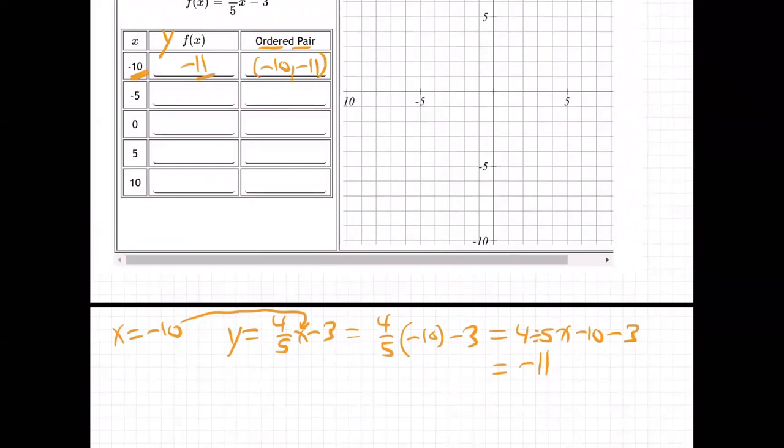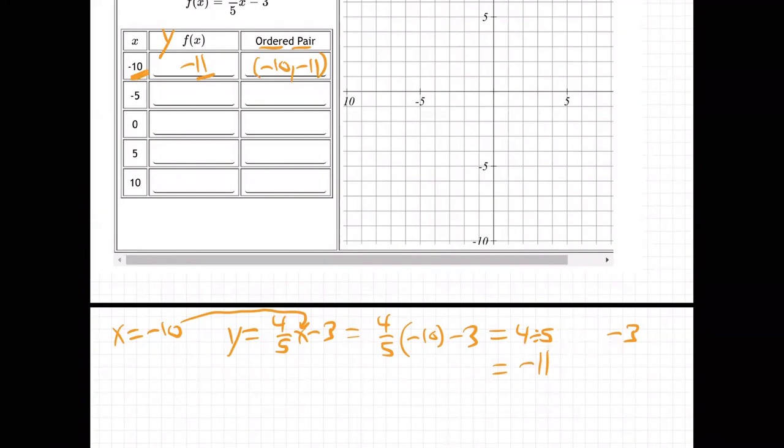Like that. Is that making sense, what happened on the first one? Because all the rest are going to be the same, but I want to make sure the first one's making sense for you. How did you go from 4/5 times -10 minus 3? Let me clarify.